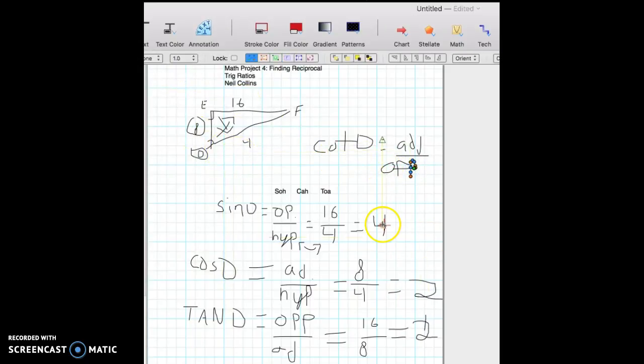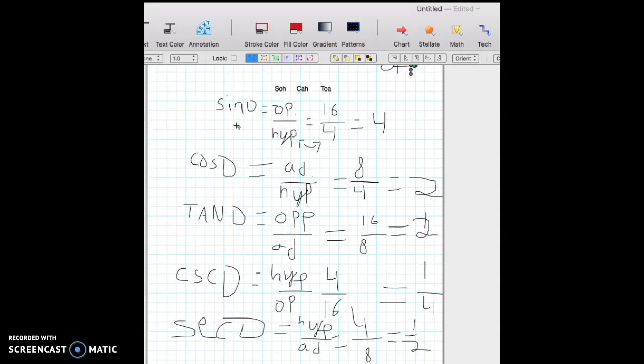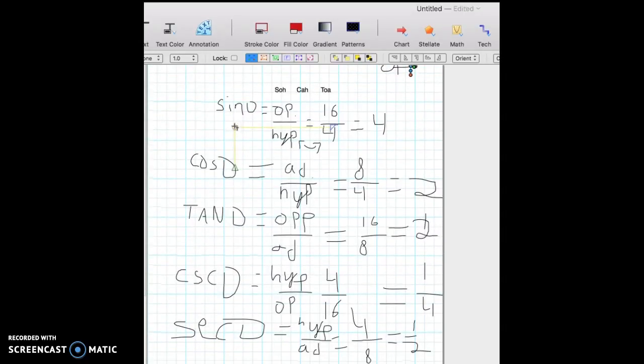Adjacent over opposite is going to leave us with, sorry about that. So we got 16 over 8 for the tangent, opposite over adjacent.